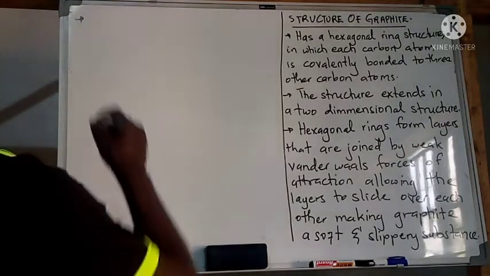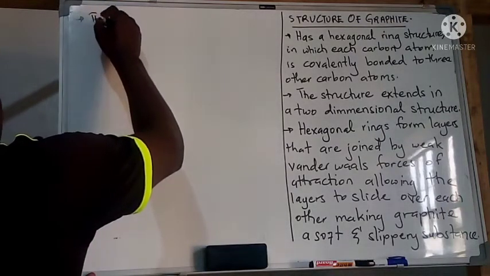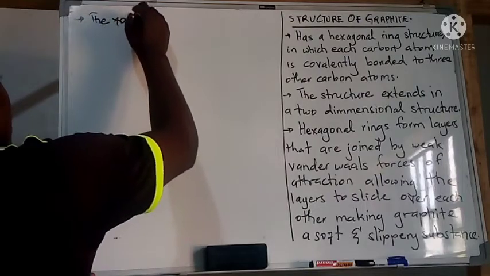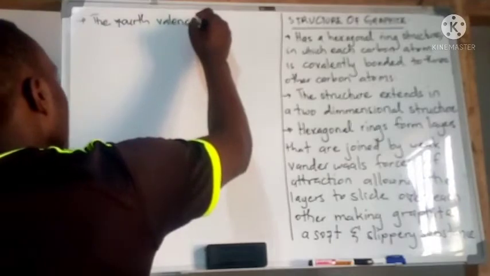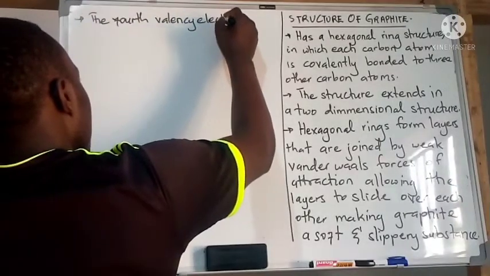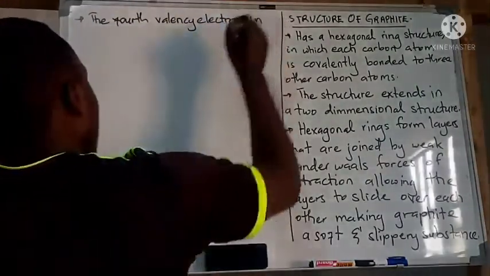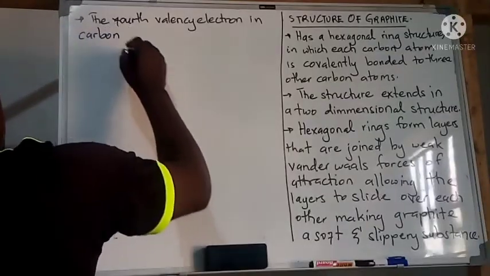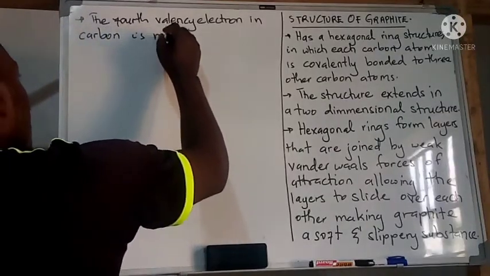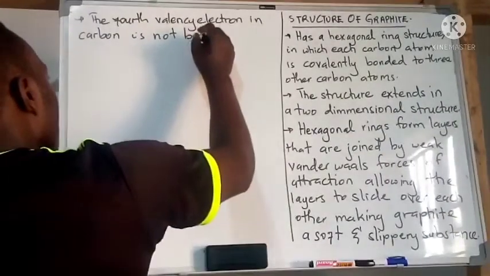So the 4th valence electron in carbon is not bonded.